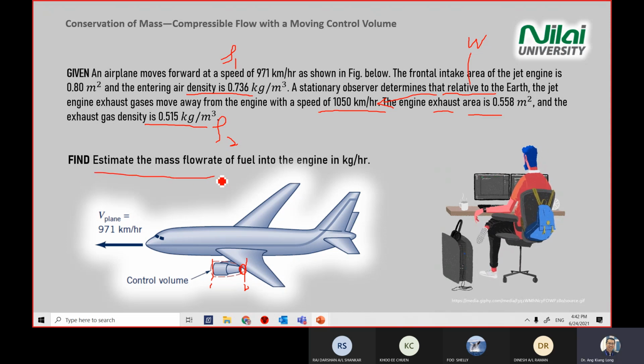We need to estimate the mass flow rate, which is m dot, of the fuel into the engine, in the unit of kilogram per hour.